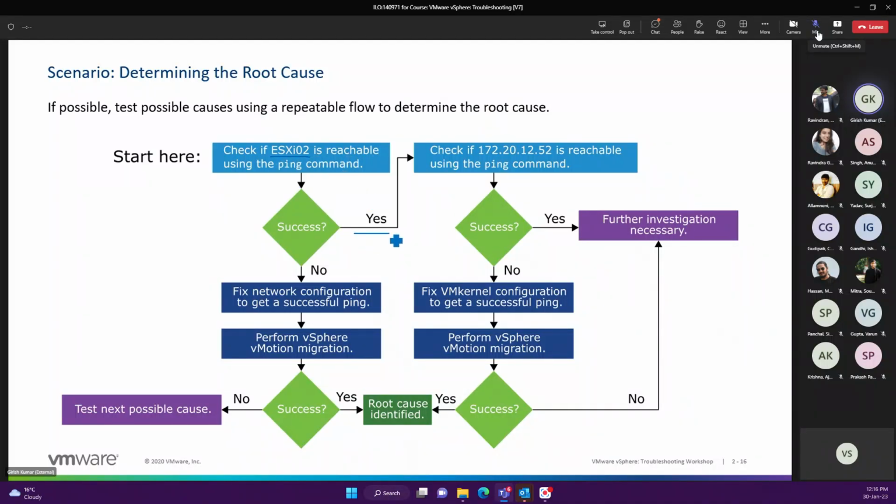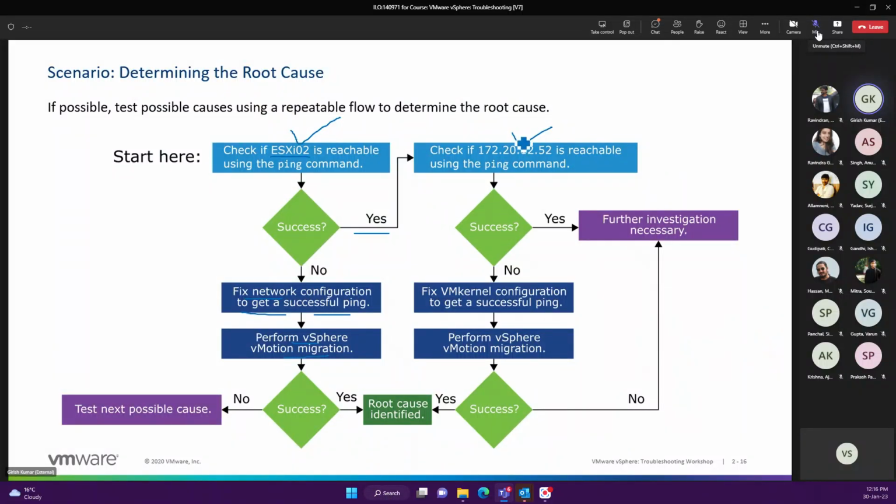Check if 172.20.12.52 is reachable using the ping command. First the name, then the IP. If the name is not working but the IP is working, DNS might be the problem. If not, fix the network configuration to get a successful ping from source to destination, then perform vSphere vMotion migrations.